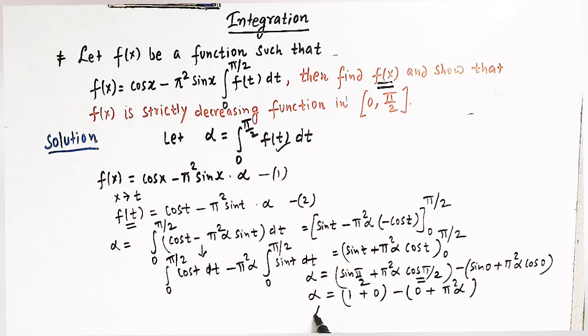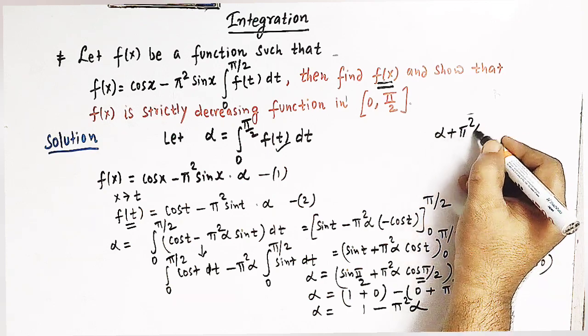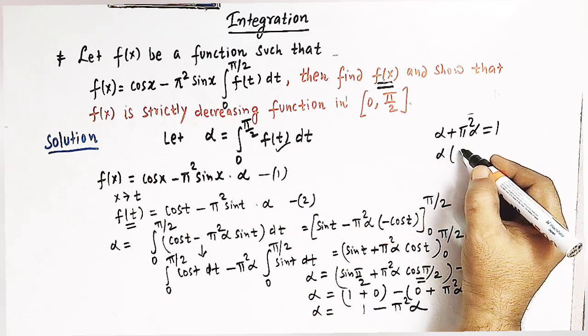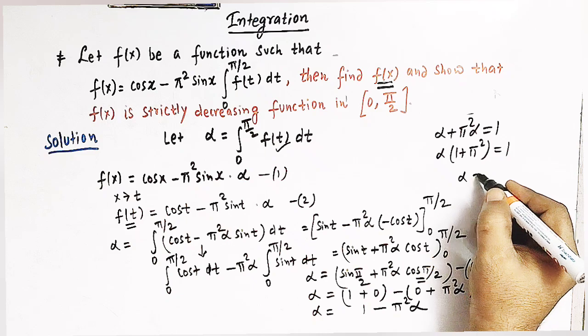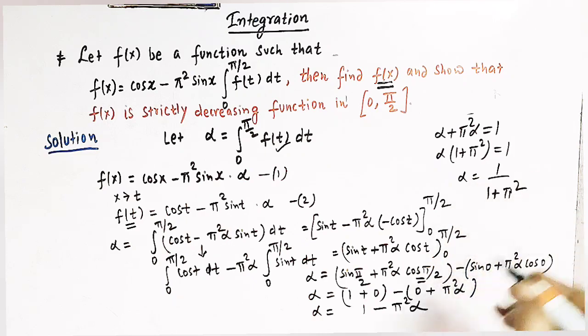So now we have alpha is equal to 1 plus 0 is 1, and here we have minus pi square alpha. And solving this equation for alpha, we can now write alpha plus pi square alpha is equal to 1. Taking alpha common, we have alpha times 1 plus pi square is equal to 1. So alpha is equal to 1 over 1 plus pi square.